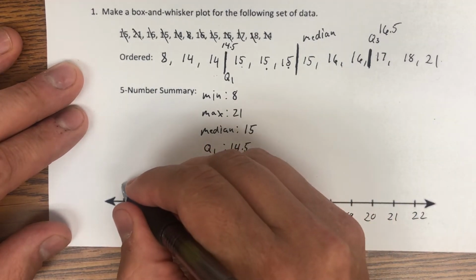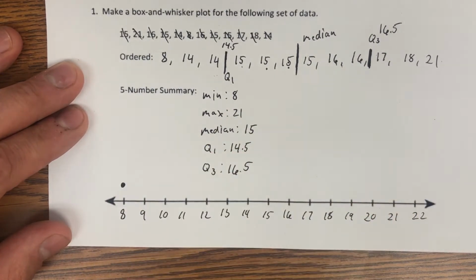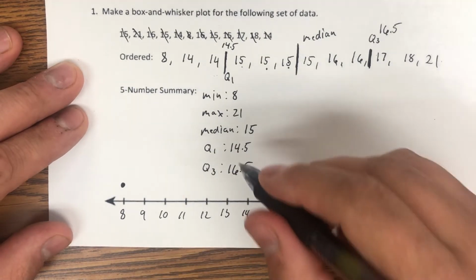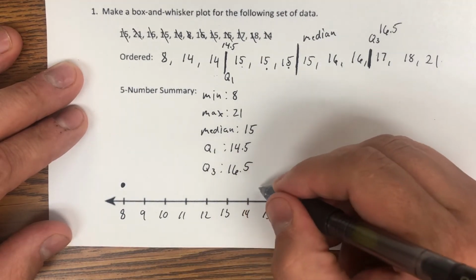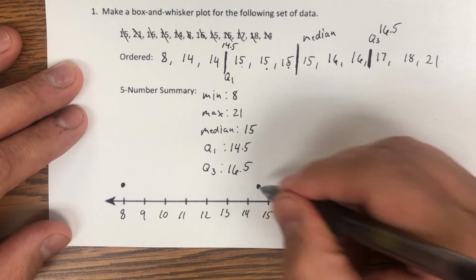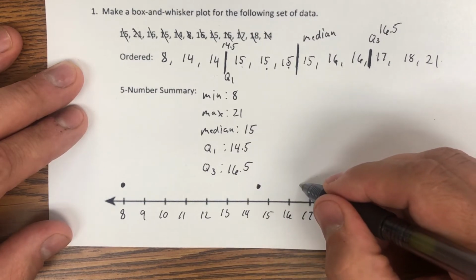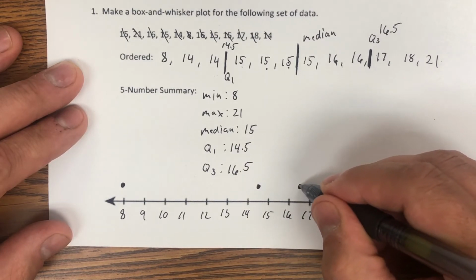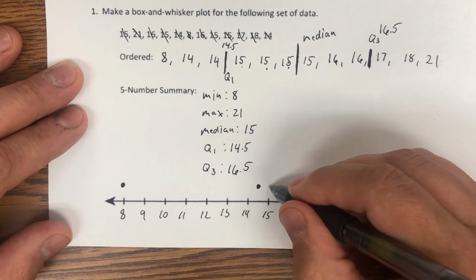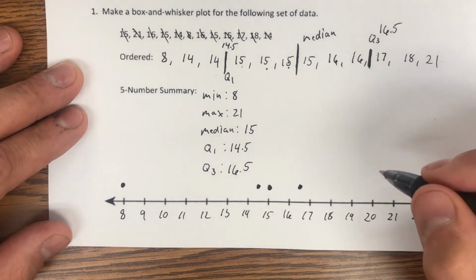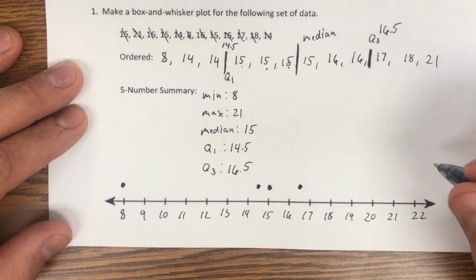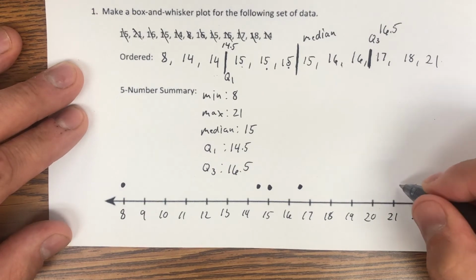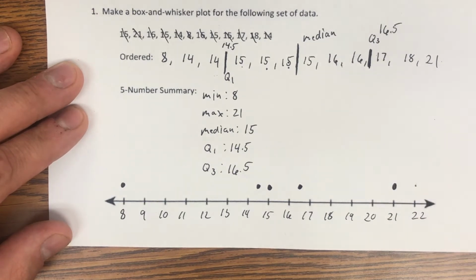Our first point, the minimum, is at 8. Our first quartile is at 14.5. Just another dot. Then we're over to 16.5, another dot. Our median is at 15, another dot. And then we also have our maximum of 21, another dot.